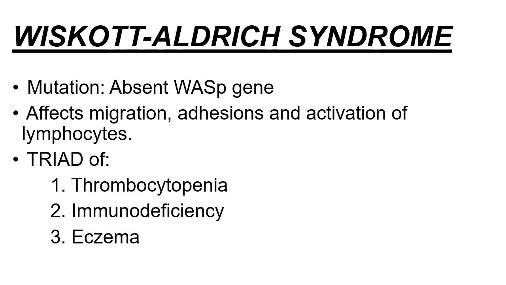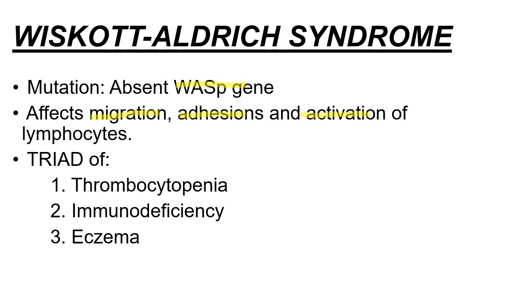Next type is, again, combination of our T cell and B cell problem: Wiskott-Aldrich syndrome. Sa Wiskott-Aldrich syndrome, ang absent is their WAS protein gene or WASP. And this gene is responsible for the migration, adhesion, activation of both T cell and B cell.